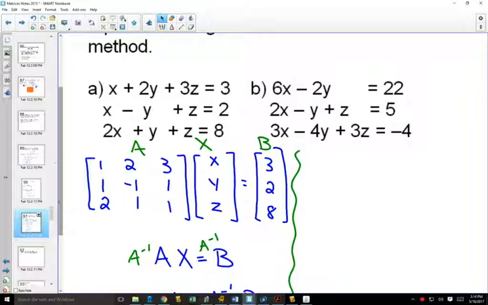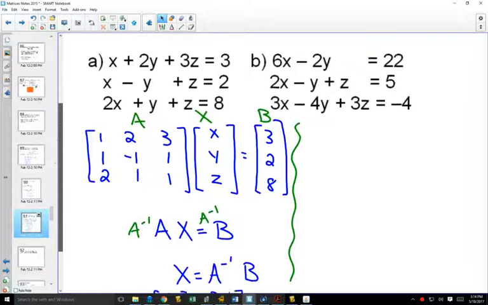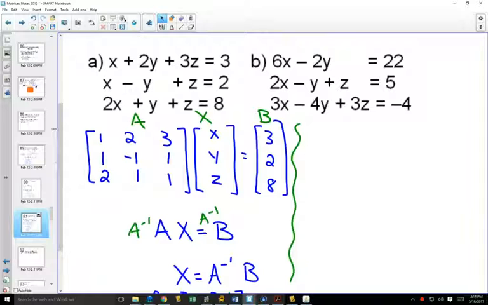So the nice thing about setting this up is you set up your matrices, then label them. Label this one A, this is X, this is B, because then you can show all of your work with A's and X's and B's, and then just type in your answer from your calculator in the end.